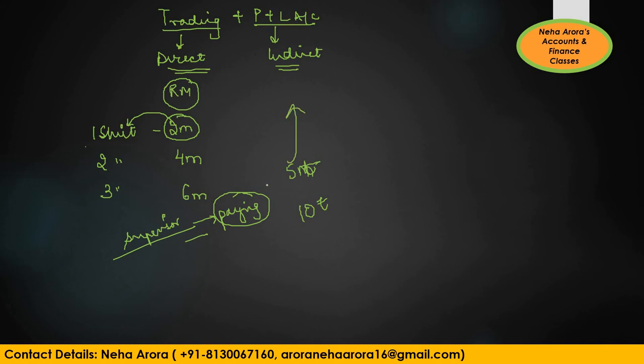That is why an expense like the supervisor's salary falls under P&L, whereas raw material, direct labor, direct expenses and wages, since they are identified with each and every unit of output, fall under the trading account. So the trading account has two sides.